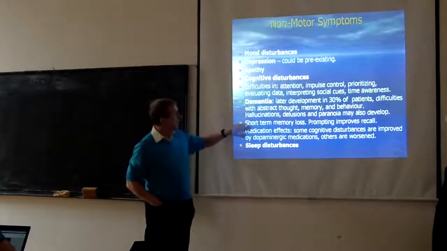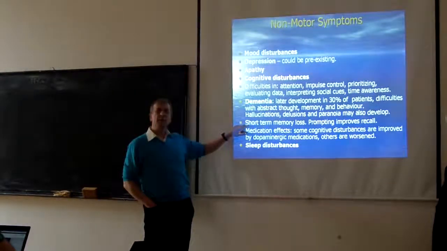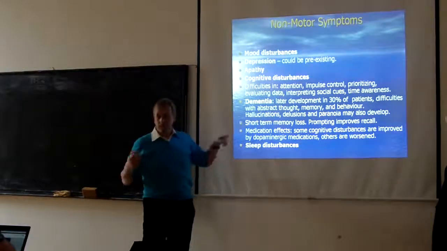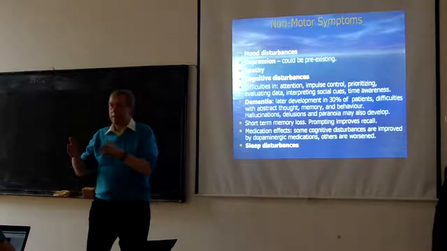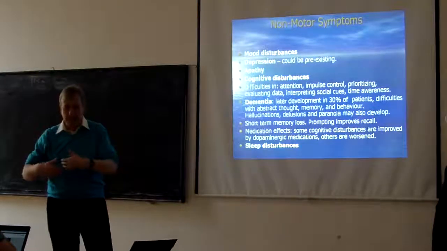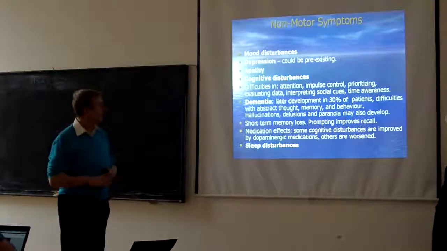And this is all linked in with short-term memory loss, sort of medium-term. I mean, we know a lot of people with dementia have a sort of 10-minute memory. You talk to them about something, and then a few minutes later they've just completely forgotten about that.